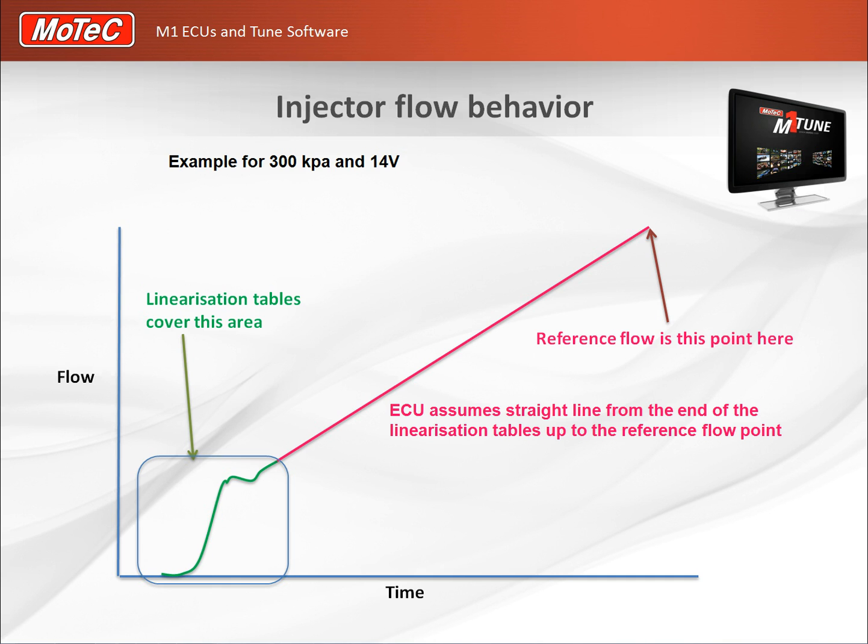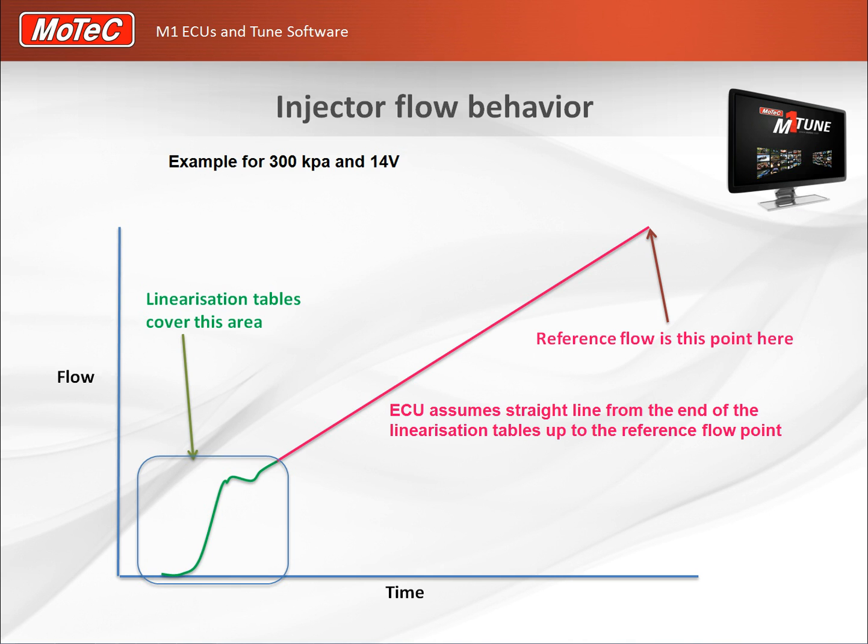So if it's a 1000 cc injector and it flows 1000 cc at 300 kPa, then that's the information you put here. If the ECU calculates that it needs 500 cc worth of fuel, which is going to be about here, it can look up this graph and plot how long the injector has to be open for to give exactly 500 cc worth of fuel.